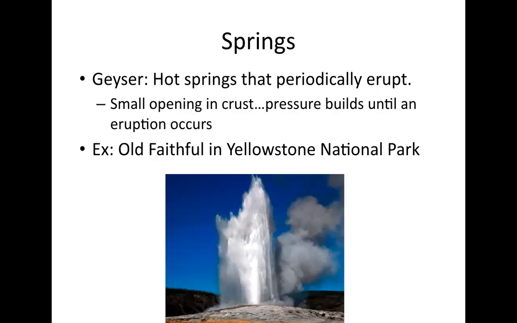This works in a similar fashion, except what's coming out of a geyser? What are we talking about this unit? Water, yes. Sorry, you're so quiet. A great example of this is Old Faithful in Yellowstone National Park.